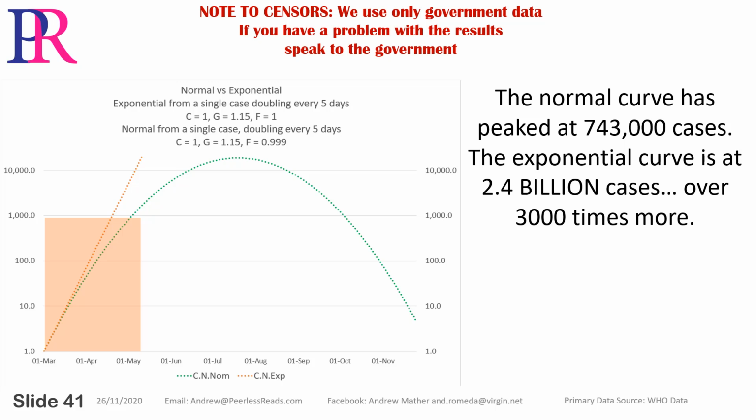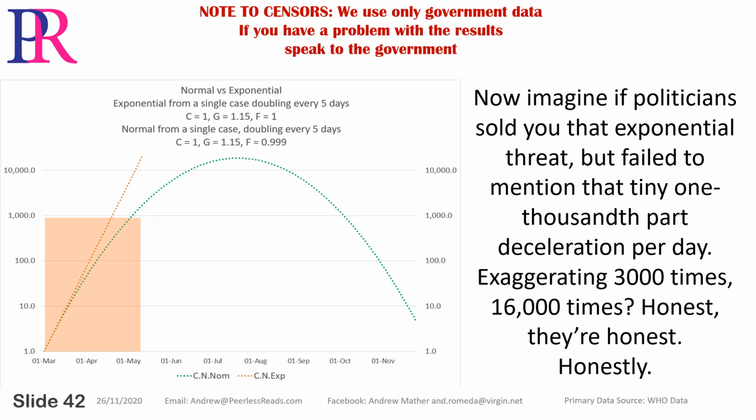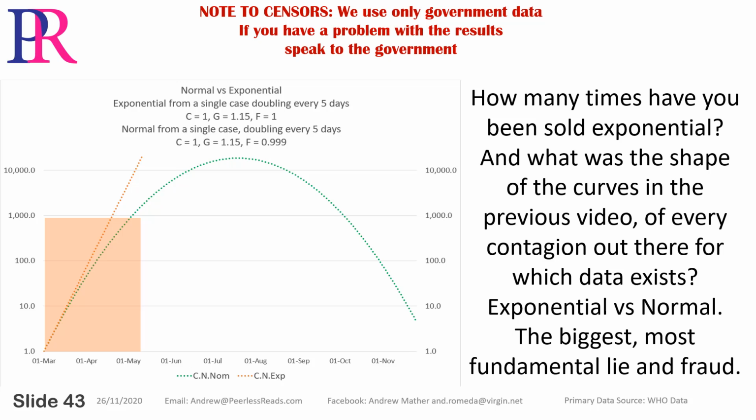The exponential curve is at 2.4 billion cases, over 3,000 times more. Now imagine if politicians sold you that exponential threat, but failed to mention that tiny 1,000th part deceleration per day, exaggerating 3,000 times, 16,000 times. Honestly.